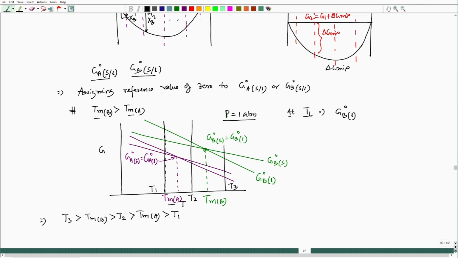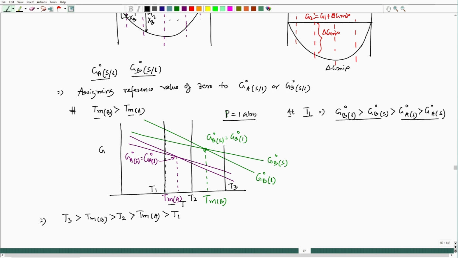So, G_B^0 liquid is greater than G_B^0 solid, greater than G_A^0 liquid, greater than G_A^0 solid.